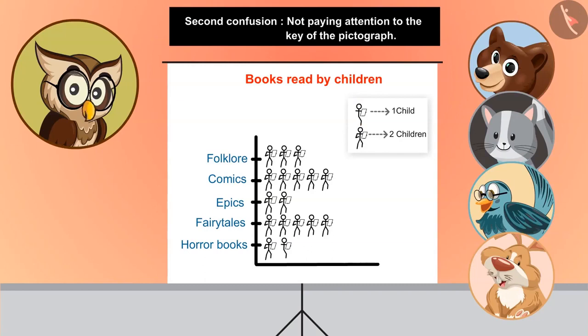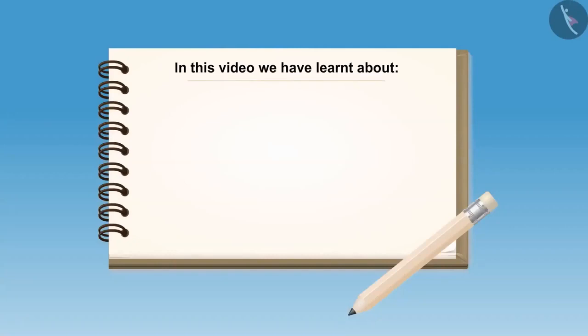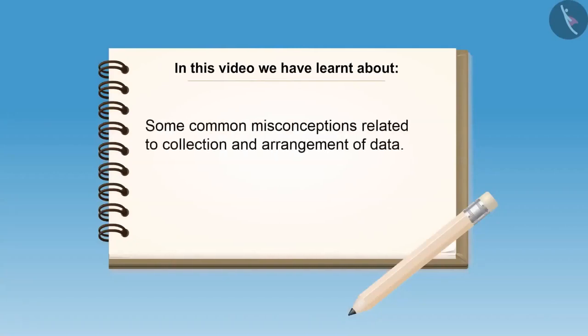Right. So how many children love horror books? 3. Absolutely right. So kids, in this video, we have learnt about some common misconceptions related to collection and arrangement of data.